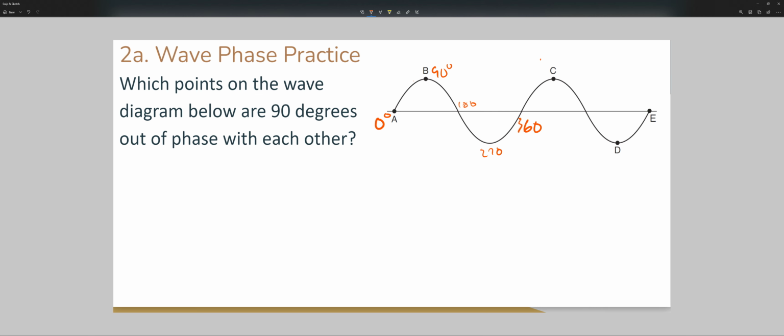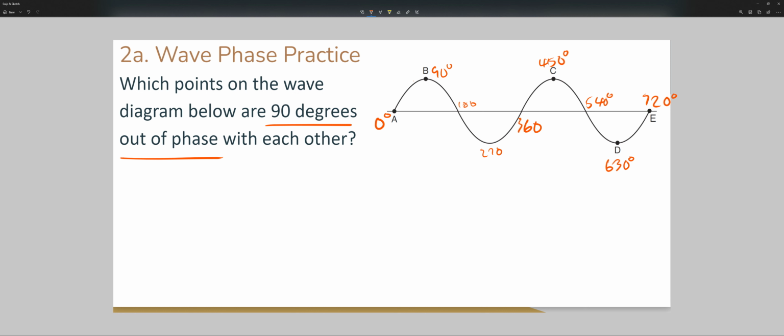C would be, if we were following properly, this would be 450, 540, 630, 720. So which two points are 90 degrees apart?